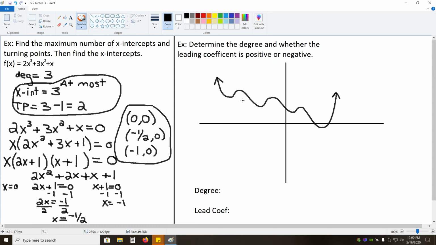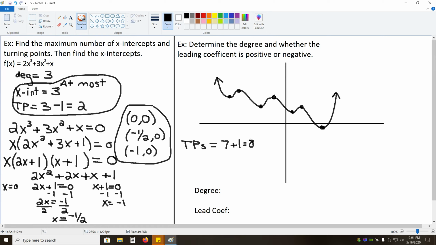The first thing that we should note about this is that it has 1, 2, 3, 4, 5, 6, 7 turning points. So the number of turning points is 7. And remember, if you take your degree and subtract 1 from it, that gives you the maximum number of turning points. So working backwards from turning points to degree, we have to add 1 to the number of turning points to find the minimum degree.